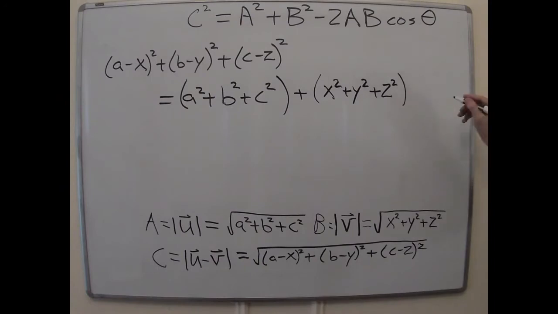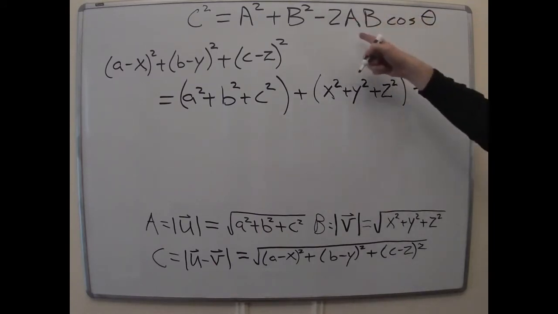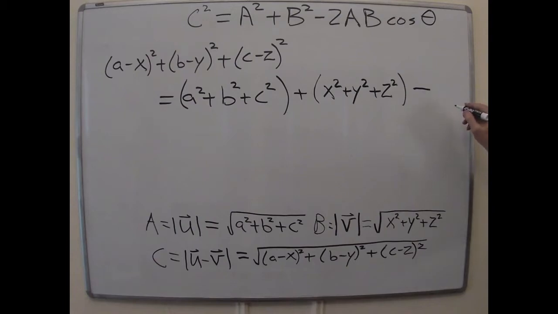And then we get something that I'm just going to call 2 times an unknown. This is 2 times this quantity, AB cos theta. So let's just call it 2 times question mark. What I want to do is show you that the question mark turns out to be something really quite simple.